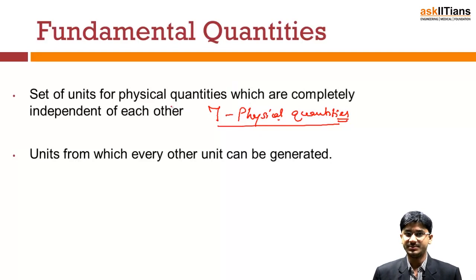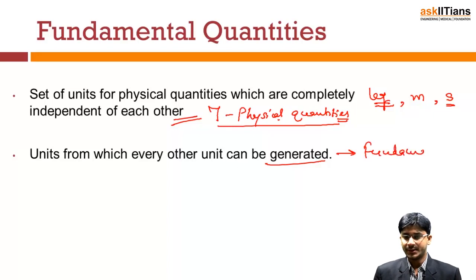They have defined these basic units which are completely independent, like kg has been independently defined from meter, meter has been independently defined from second. They are not dependent upon each other. Now the units from which every other unit can be generated are the fundamental units that we talked about. These are called the fundamental units.